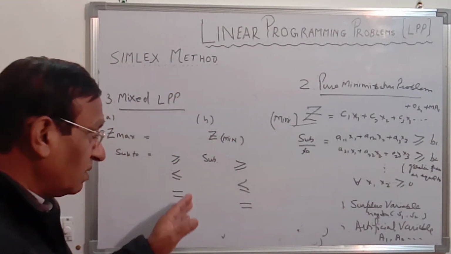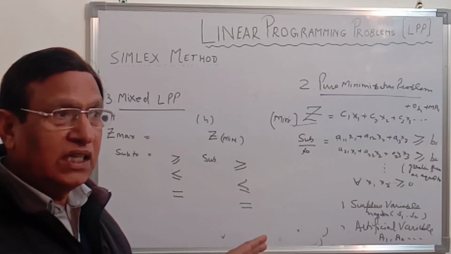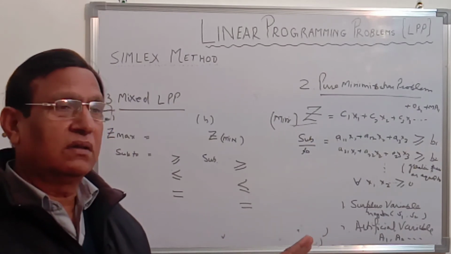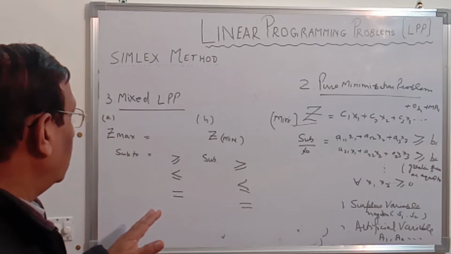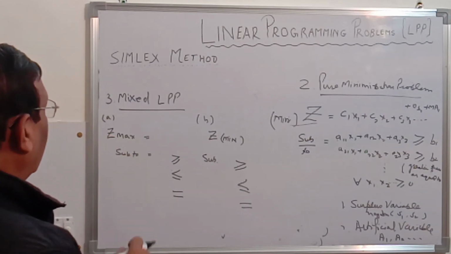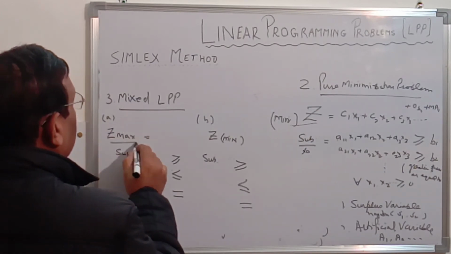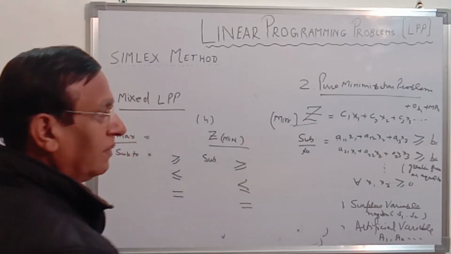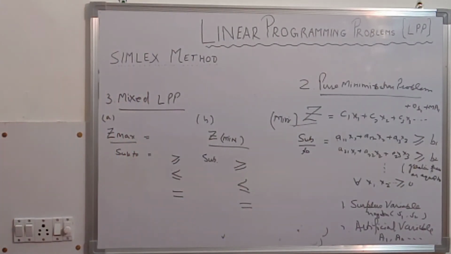Equations are mixed. All the 3 types or 2 types are given. Equations are mixed, but here either it is Z maximum or minimum. This is the point to be noted.